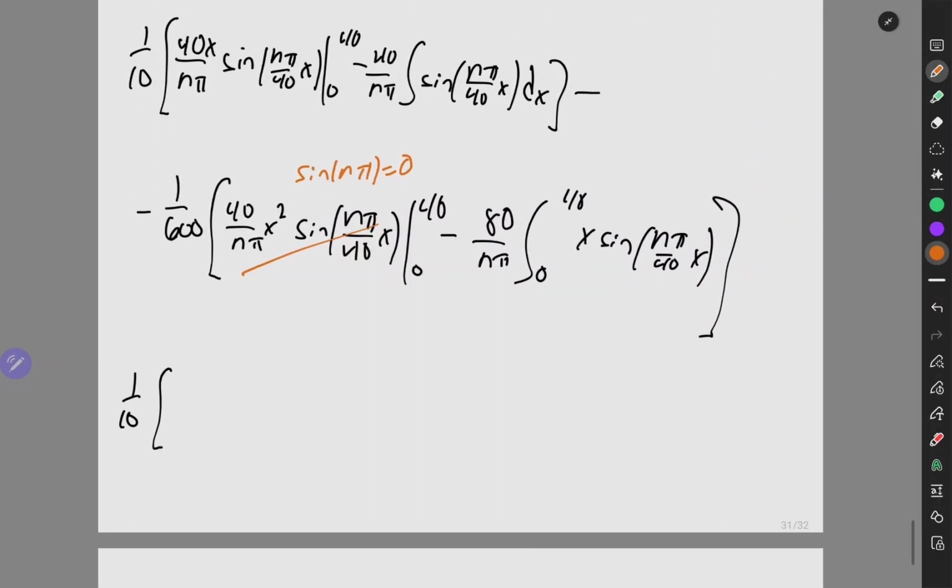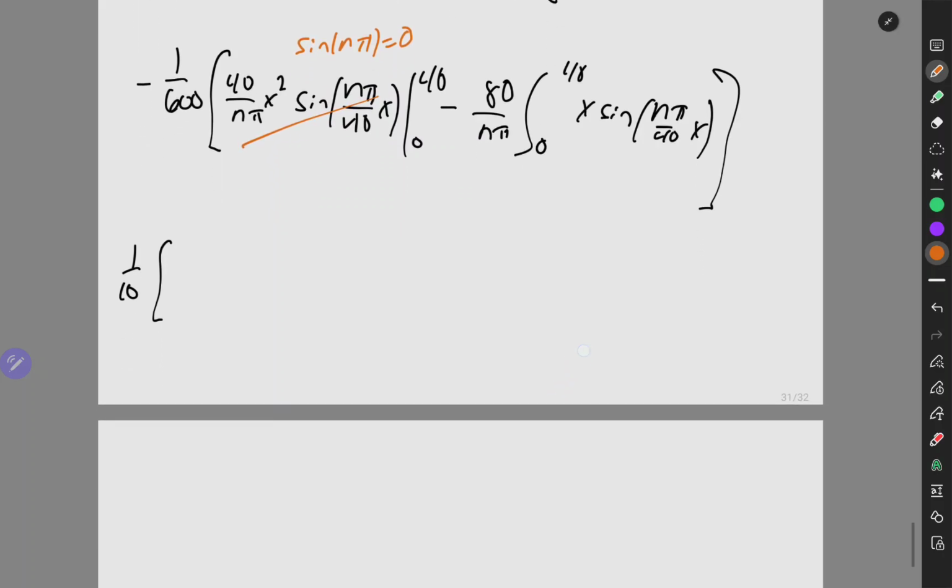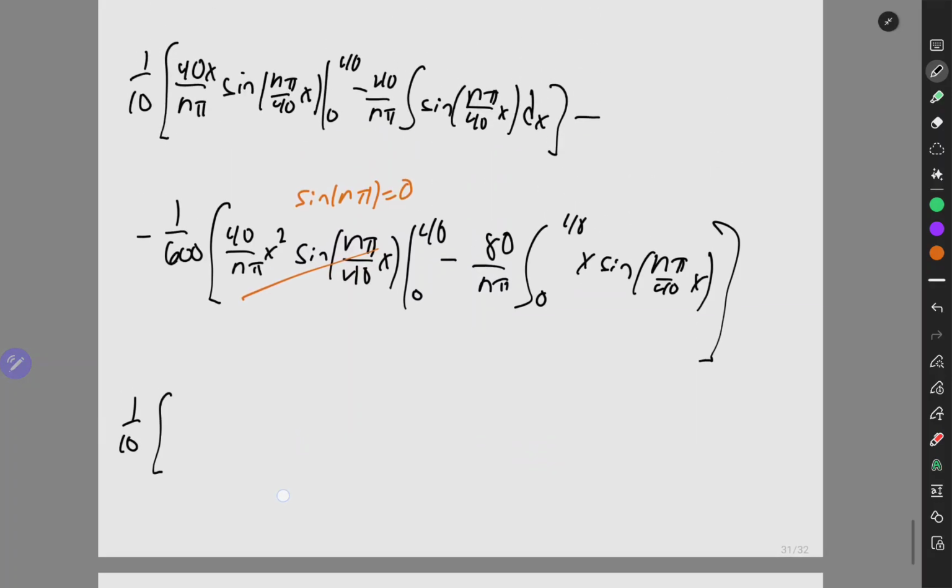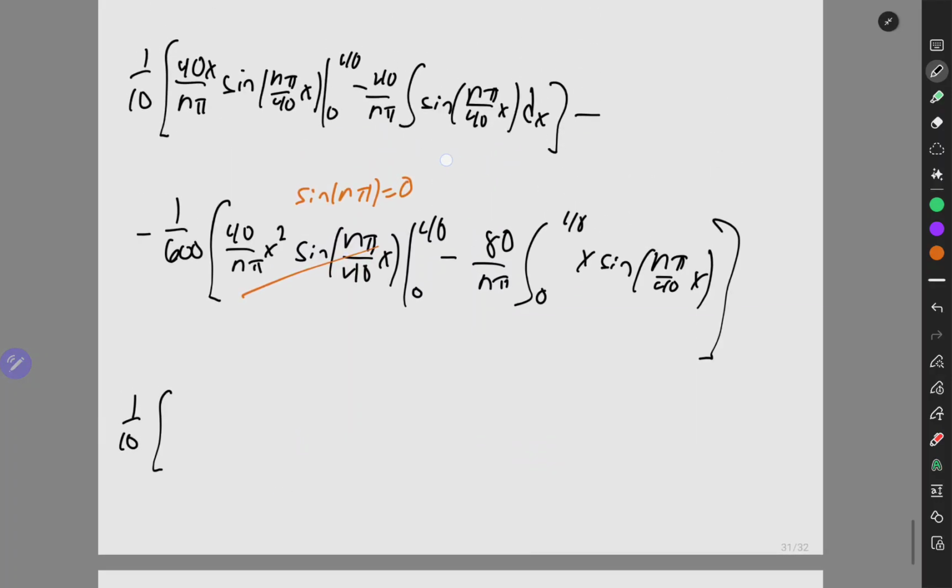I actually really like this one here for a reason. Part of it's going to work, and we're going to make some nice simplifications here. This isn't going to take much longer. So let me just do it quick. We're going to be left with the second half here. That one is going to lead us somewhere. This is from 0 to 40, by the way. I forgot to write that.